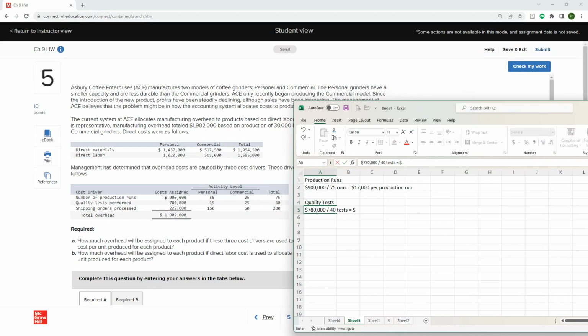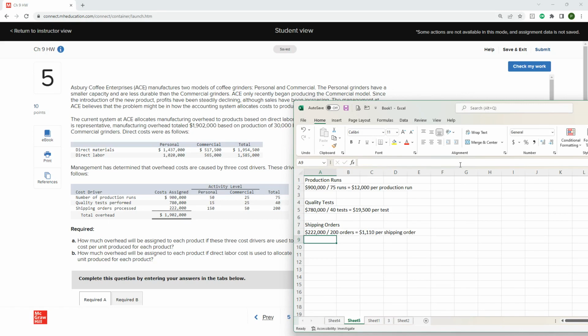And then for shipping orders, $222,000 of cost divided by 200 total shipping orders equals $1,110 per shipping order. These are the rates that we're going to use to calculate the unit cost.